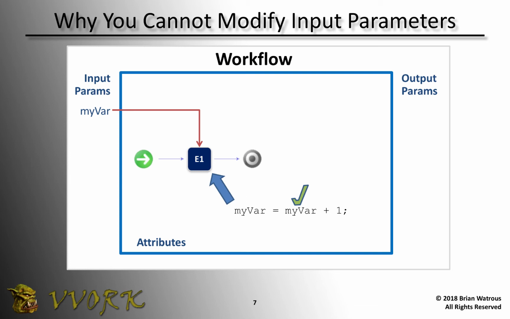But the left side of our expression, the stuff on the left of the equal sign, is not going to work. When you say a variable name equals, that's an assignment. In this case, we're saying the local variable called myvar equals, and then we're going to set it to some value.